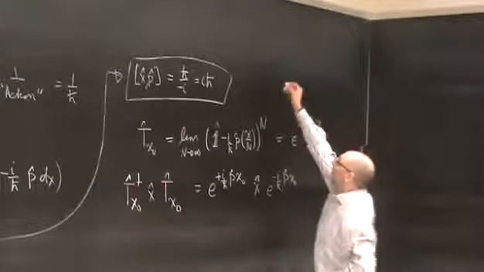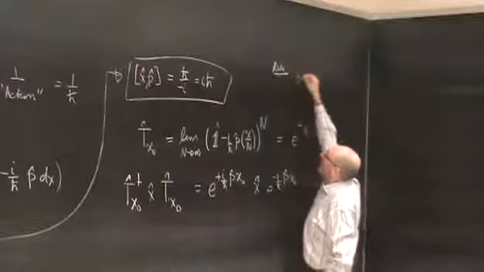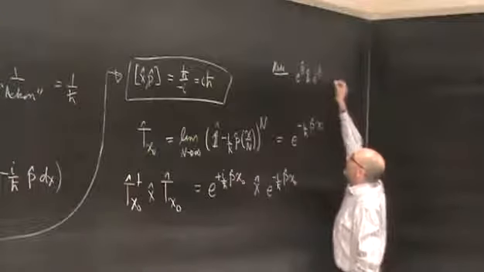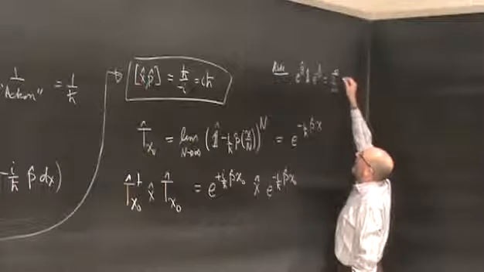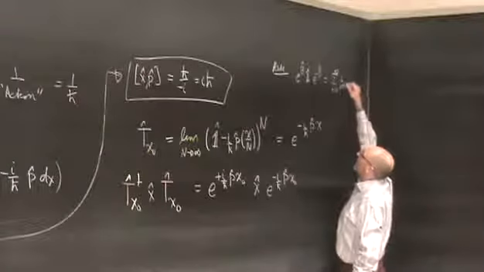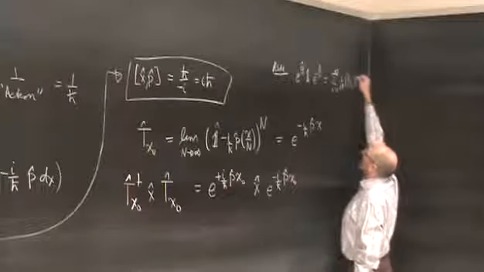Remember we had e to the b, a, e to the minus b, equal to the sum n equals 0 to infinity, 1 over n factorial, the multiple commutators of b with a n times.